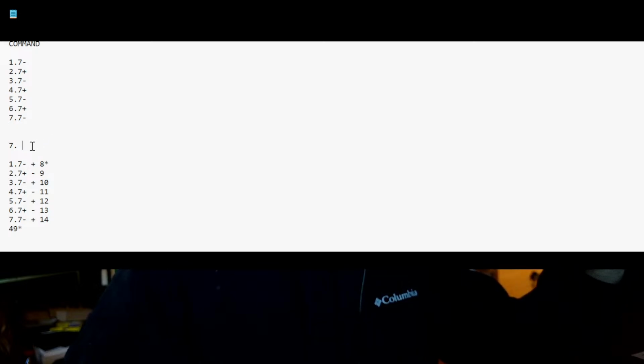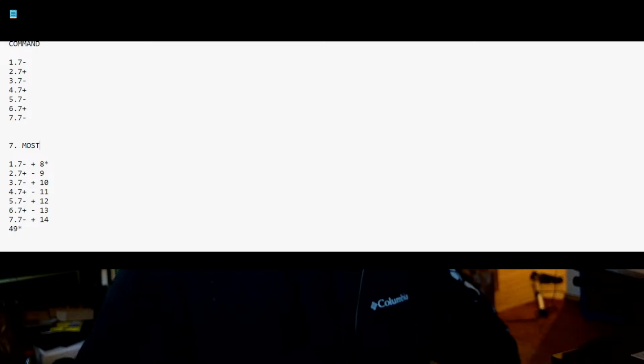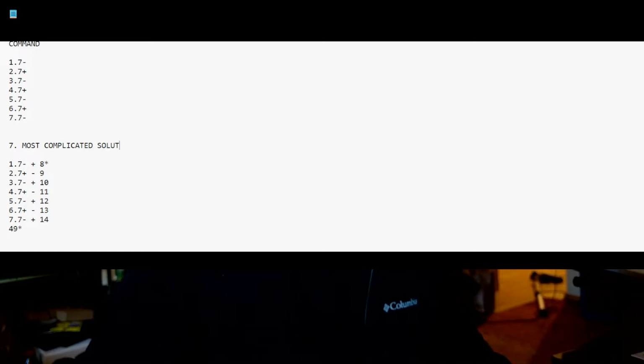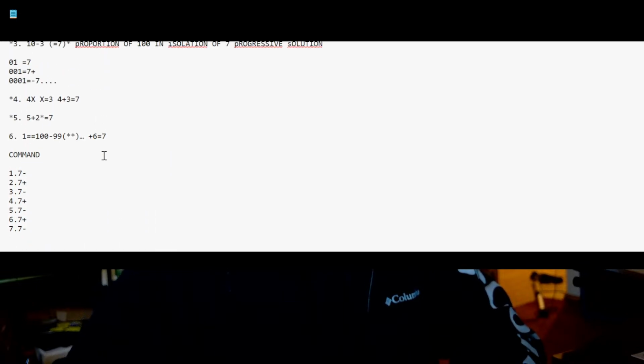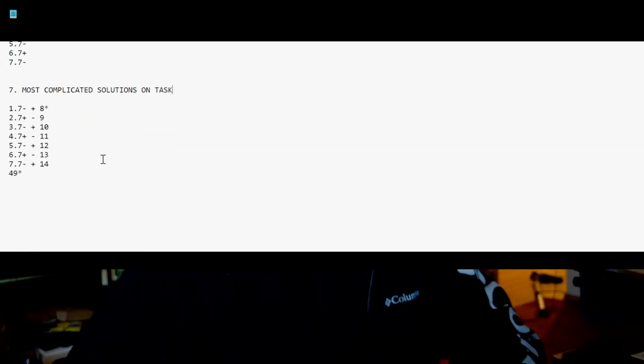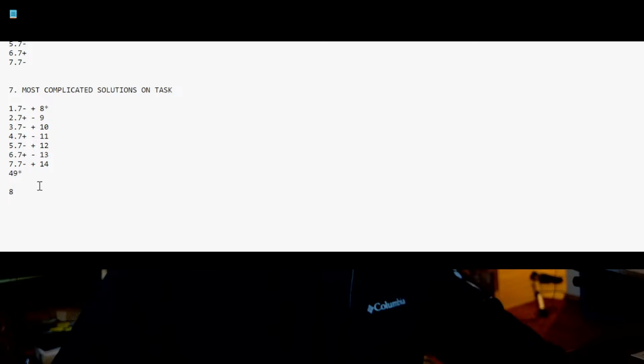This is in this case 7, the most complicated. Most complicated solution on task. And 49. Also 8 and 49. And 8. Then it comes 8.